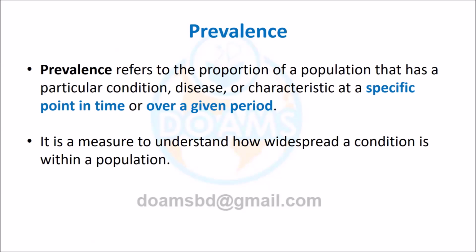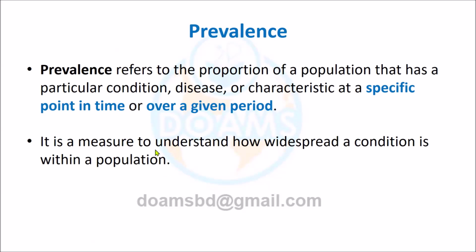By proportion over the total population, it will be called period prevalence. So prevalence will be of two types. One is called point prevalence, that means a point of time. Another is period prevalence, that means a defined span of time. Clear, Dr. Zakaria or others? Yes, sir. Clear. There are two types: point prevalence and period prevalence.